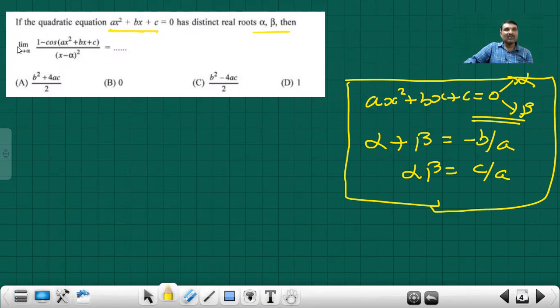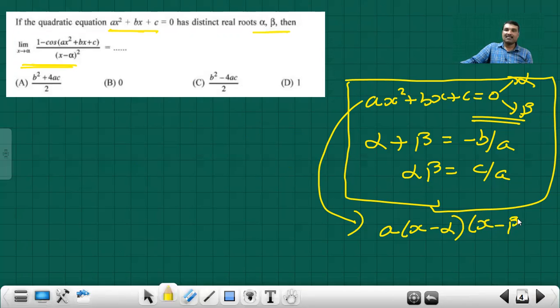Now we want to evaluate the value of this limit. We can write this quadratic equation as a into x minus alpha multiplied by x minus beta, equal to 0.